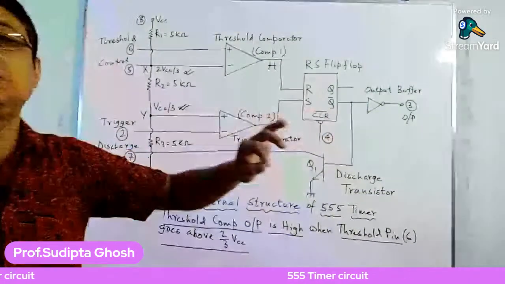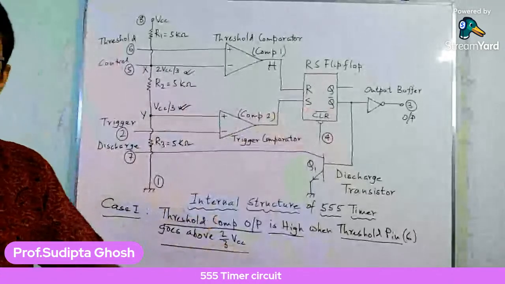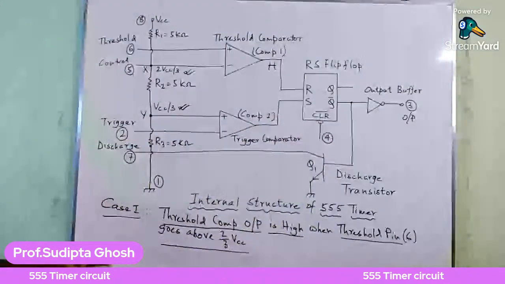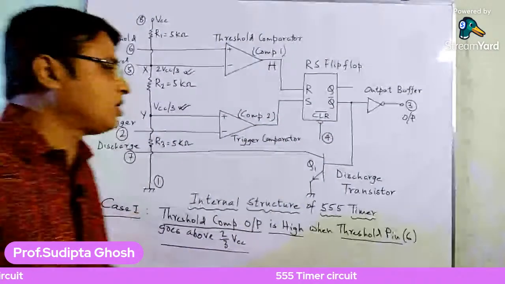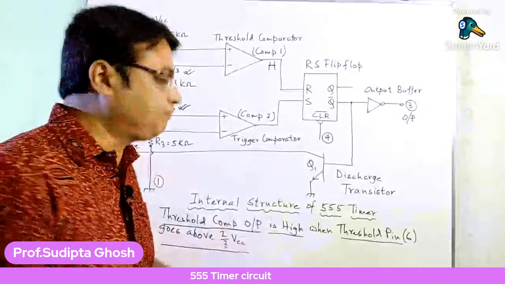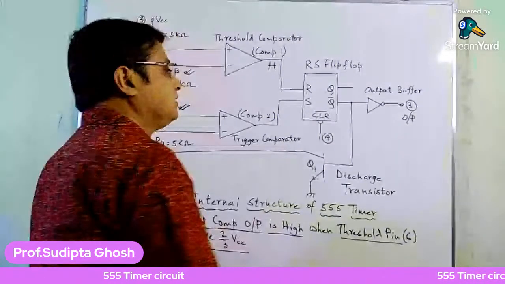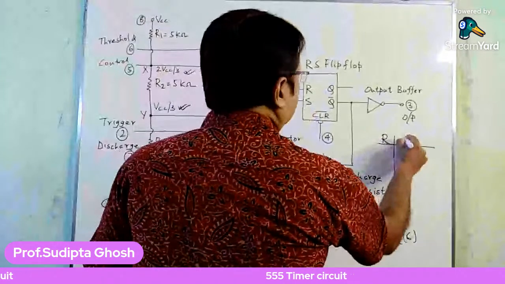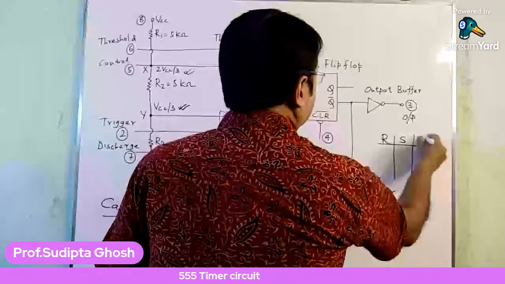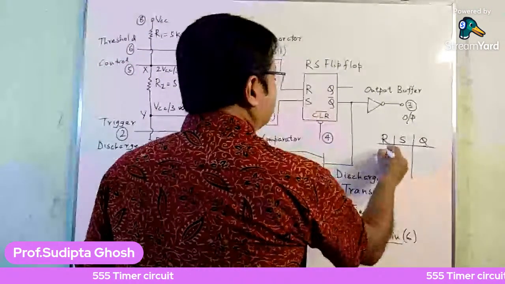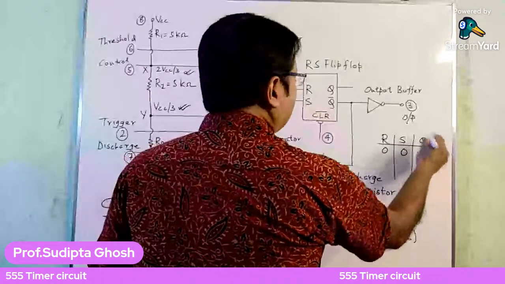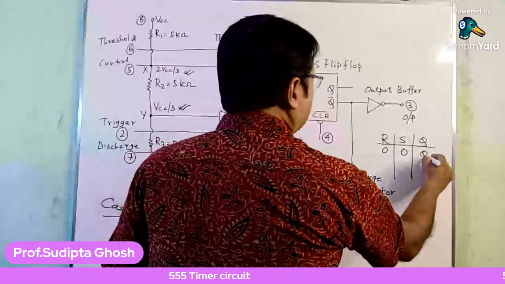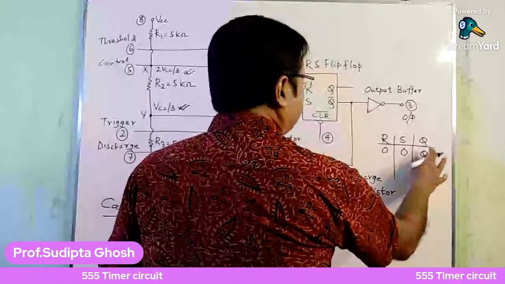Now from the truth table, I know that you have already studied the flip-flop part, so I am just telling you that for RS, if R and S are 0 0, the output will hold its initial state, that is the last state, or no change state.